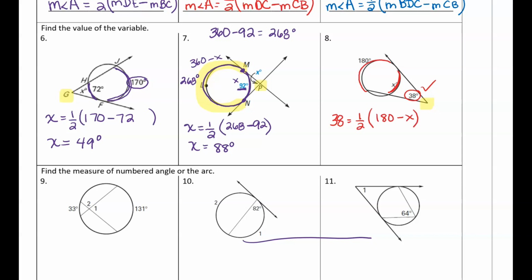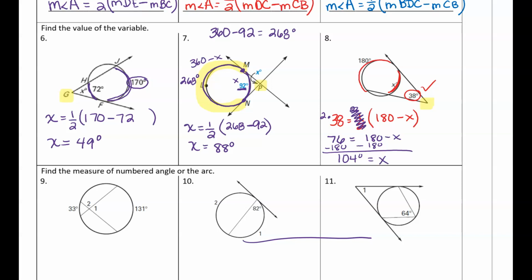So now we have an algebraic equation. So again, I'm going to multiply this side by 2 and multiply this side by 2 to make that fraction go away so I don't have to deal with it. So this is 76 equals 180 minus X. I am going to subtract 180 from both sides, and that is going to leave me with 104 degrees equals X.